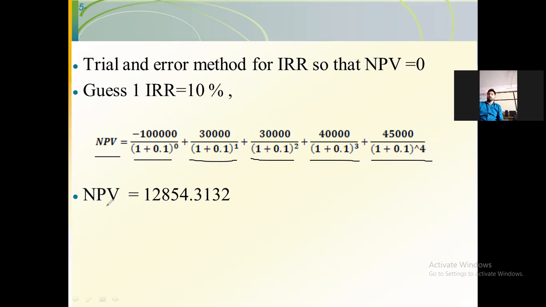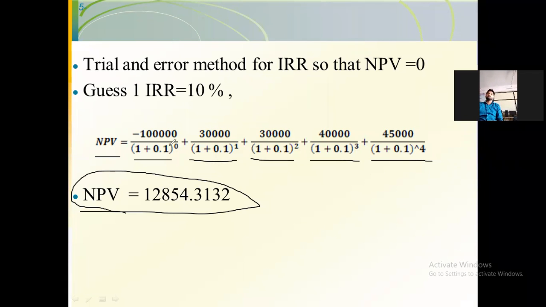So what value are you getting? Do the calculation if you have a calculator, and you will get a value near about this: NPV is equal to 12,854.31. At this stage, we don't know whether we have to increase or decrease the value.